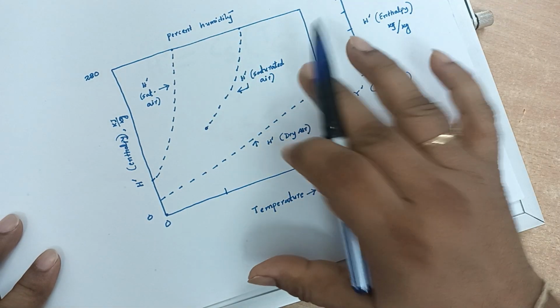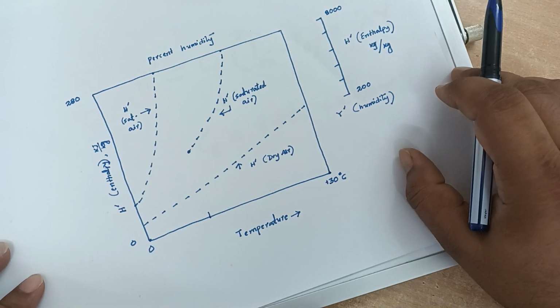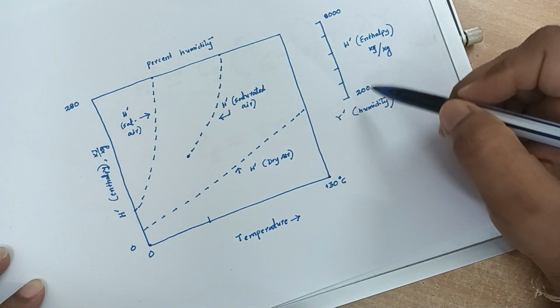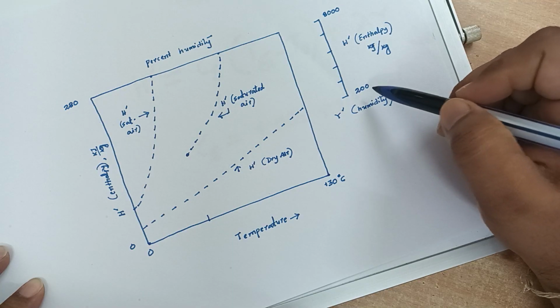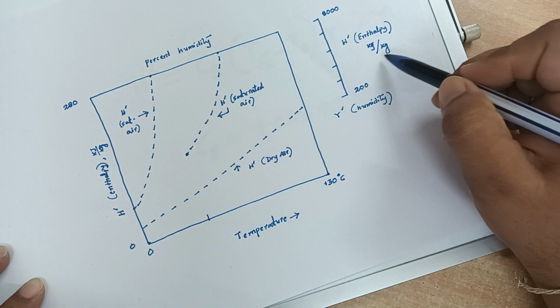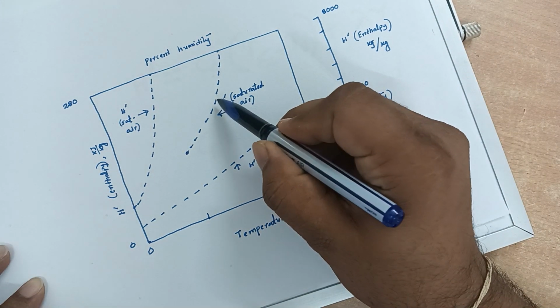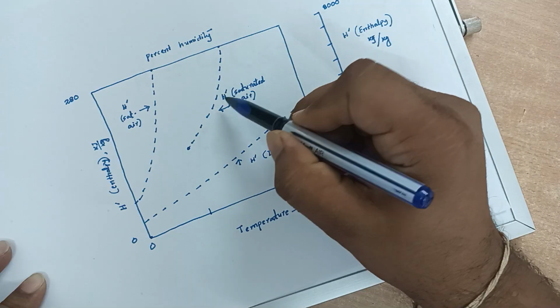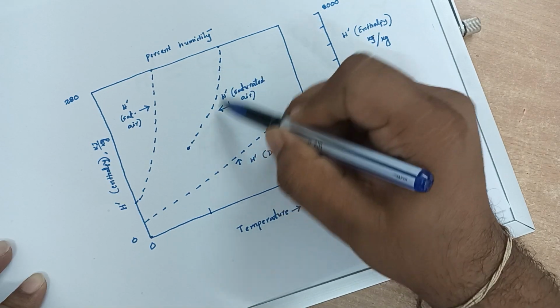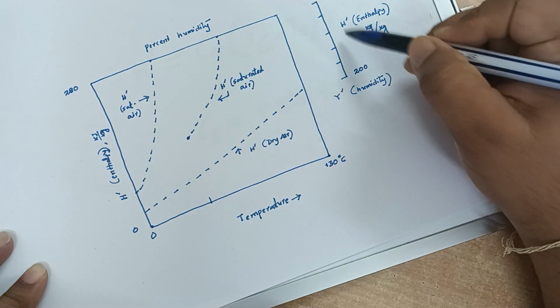Now, correspondingly, there are two enthalpy scales. This is basically the largest scale, where the enthalpy value ranges from 200 to 8000 kilojoule per kg dry air. So with respect to the higher temperature range saturated air line, you have to focus on the bigger scale, the larger one.